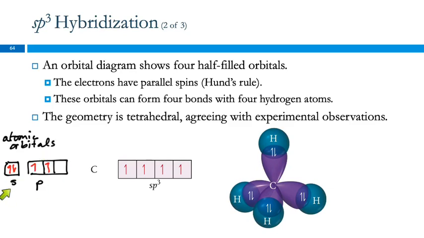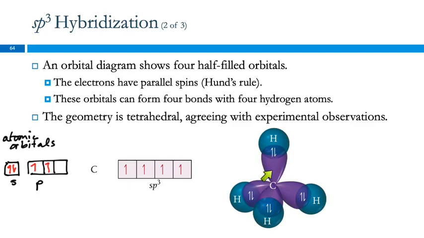When we hybridize, we combine these and make 4 equivalent orbitals. So I'm breaking down the wall between the S room and the P room, remodeling it into one large room, and now these beds all are equivalent. They cost the same amount to stay in. And this is kind of nice because now everybody can have their own bed. So this gives us these 4 half-filled orbitals indicated by the purple balloons here.